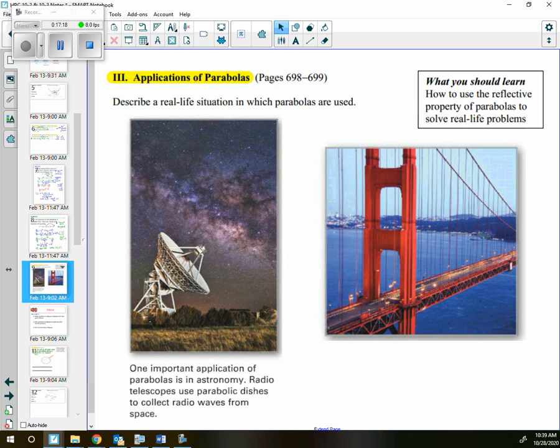It's also used in astronomy. A lot of telescopes use parabolic dishes, meaning the shape of the dish is a parabola, to be able to collect radio waves because of that equal distance and going to that focus point. So it's a really common thing in design to see those parabolic shapes. So it's kind of cool, and you can actually do a lot with those.